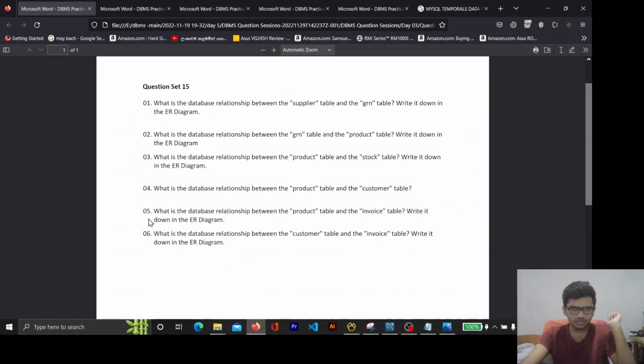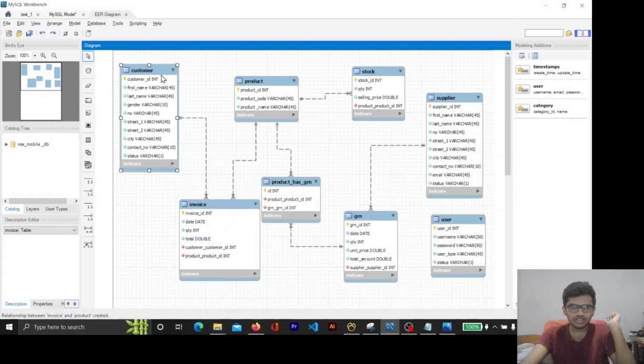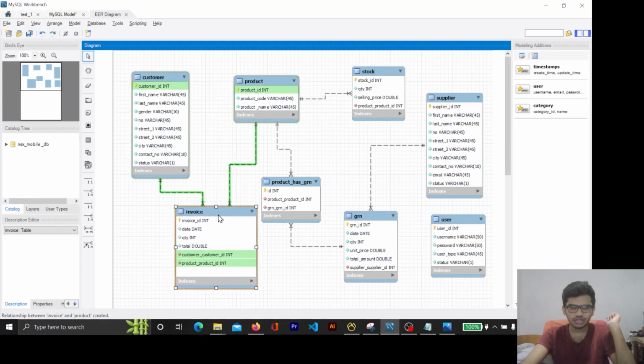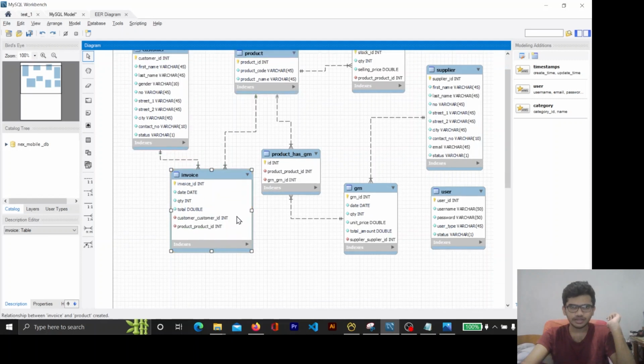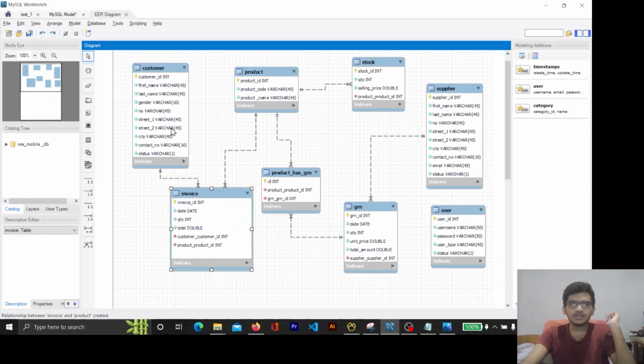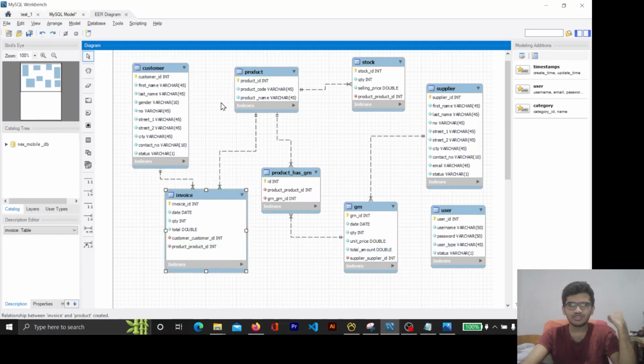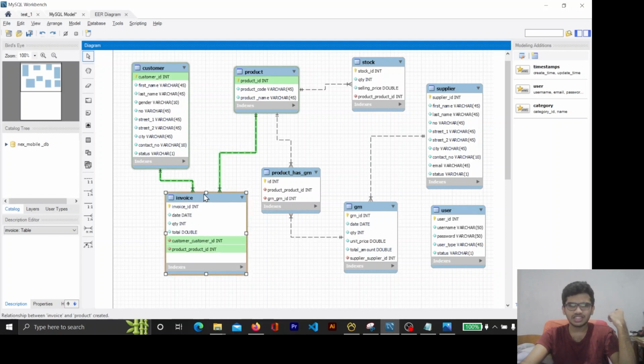The fourth, fifth and sixth questions we have answered simultaneously, because you can't create a relationship directly between these two without the invoice table. When customers come to a store to buy a product, they should always have an invoice for each one of the purchases.